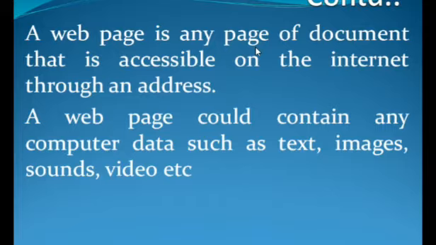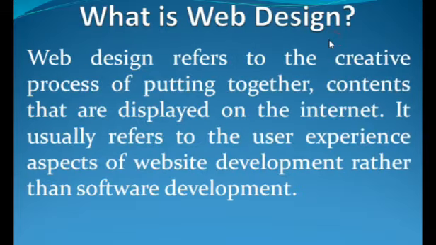So that's what we mean by a web page. I think now we understand what a web page is, what a website is, and then we can now define that topic, web design. So let's go back to it. What is web design? Web design refers to the creative process. Take note of that: creative process. It's from the word design. Design has to do with creativity, putting together things so that it will look beautiful and attractive.